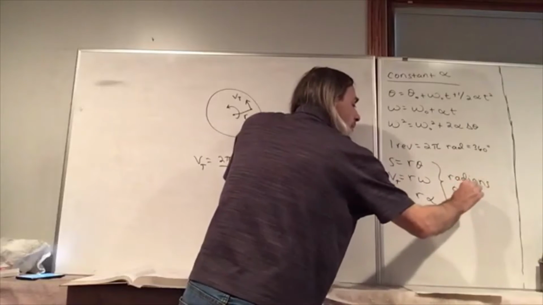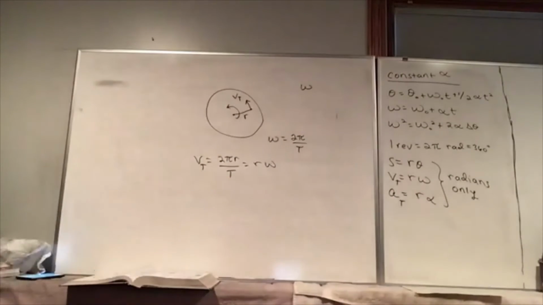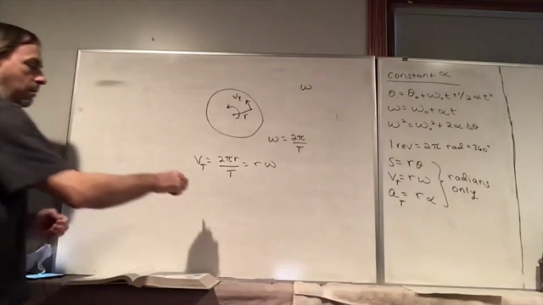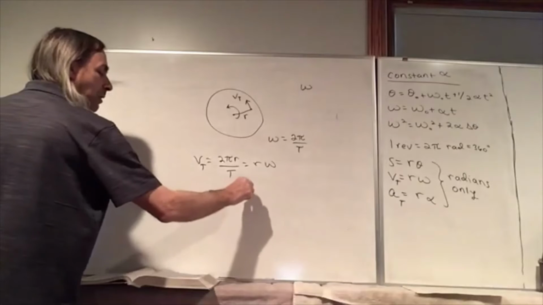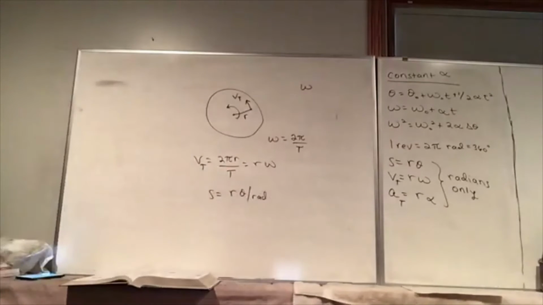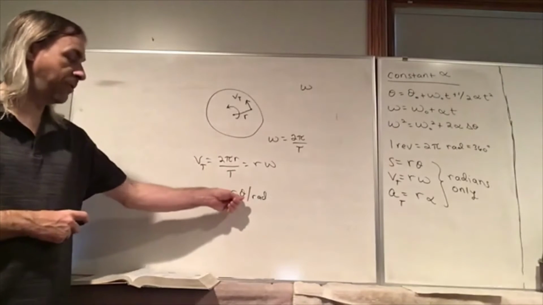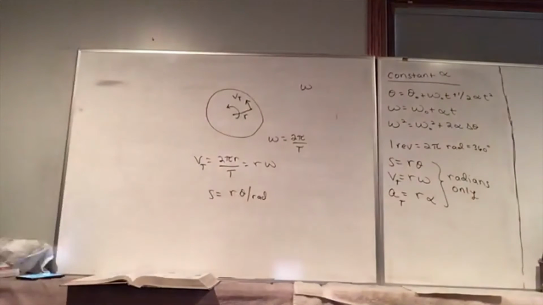Radians only. And it's unfortunate that they're written this way because I still think we should write S equals r theta over radians. Then the equation would be valid no matter what you plug in. Like if you plug in 3 radians and you divide by a radian, theta would just be 3. If you plug in something in degrees, then you can put a conversion factor in there.